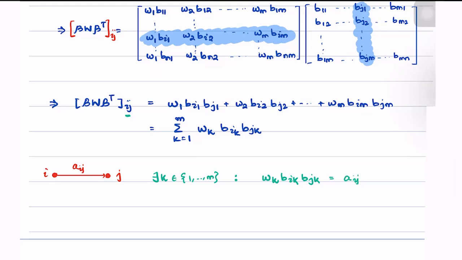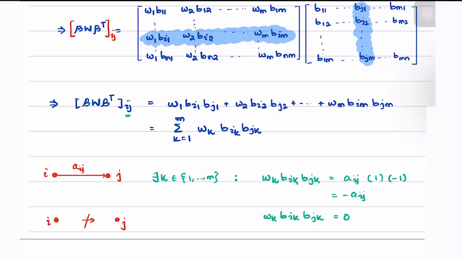We can write it as Aij, and then the other two entries will be 1 times minus 1, which simply becomes equal to minus Aij. If I and J are not adjacent, there's no edge, then this product Wk Bik Bjk is simply equal to 0.